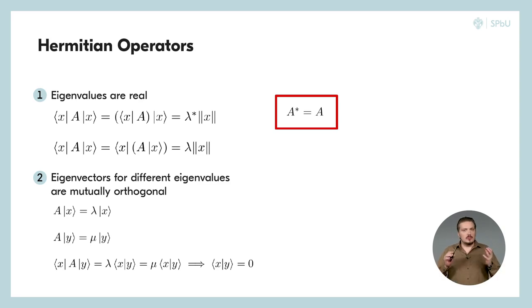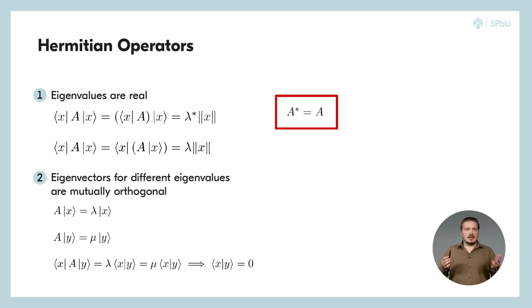Now, for Hermitian operators, the solutions of this equation have additional properties. First, it is easy to show that eigenvalues of a Hermitian operator are always real. The imaginary part is 0, always.